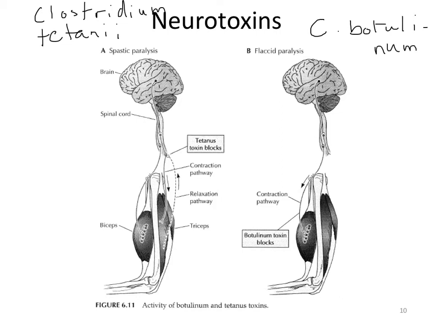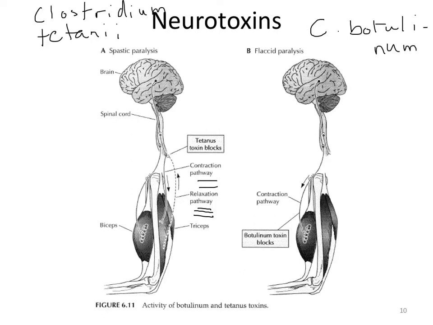They're both neurotoxins, and they're both very deadly, but they act quite differently. Tetanus toxin blocks the relaxation pathway, and it leaves the contraction pathway open. So when you've got tetanus toxin in your system, you remain permanently contracted. Every muscle in your body is contracted.